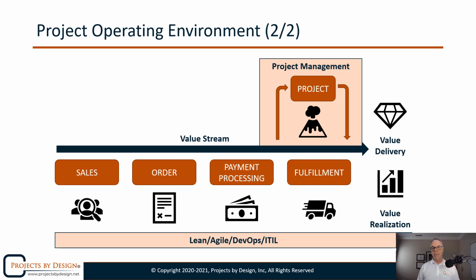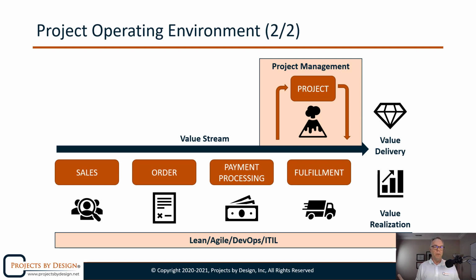And what's interesting about this concept is that we as project managers should be focused on the value stream, not from the standpoint necessarily that we're trying to optimize the value stream, but we want to make sure the value that is envisioned is delivered, but also transitioned back into the value stream in a way that minimizes the disruption.